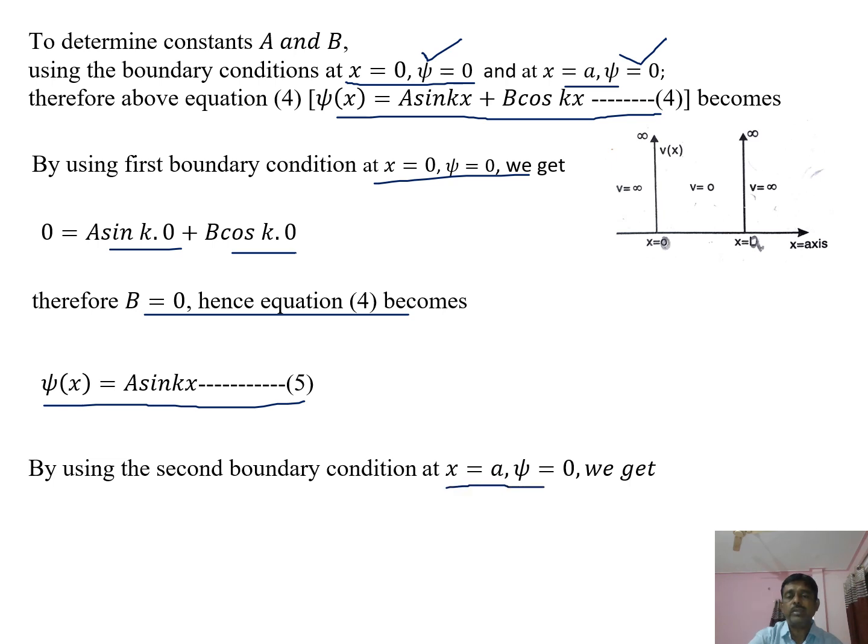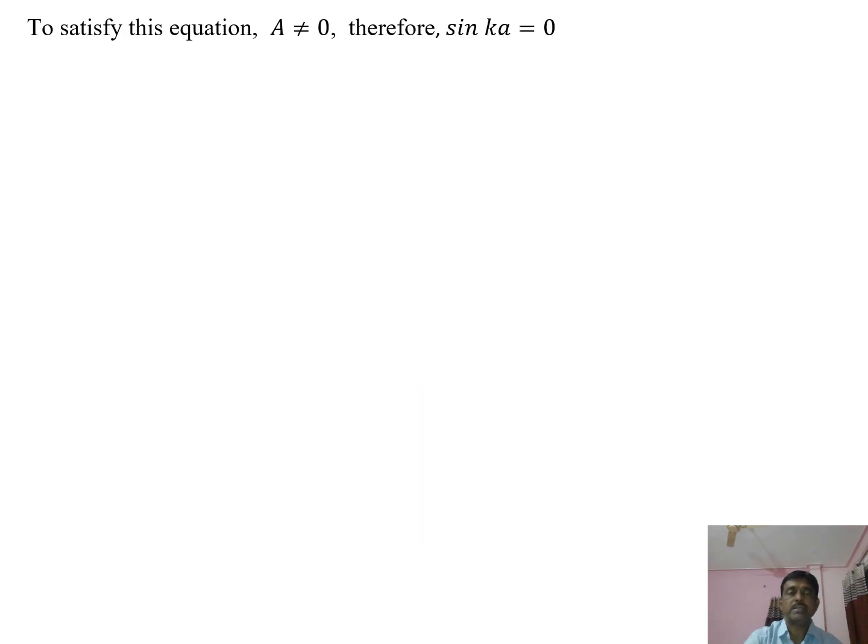Then, by using the second boundary condition, at x is equal to a, psi is equal to 0. Hence, equation 5 becomes 0 is equal to A sin ka. Since A is not equal to 0, therefore sin ka is equal to 0, where ka is equal to pi, 2 pi, 3 pi, n pi.